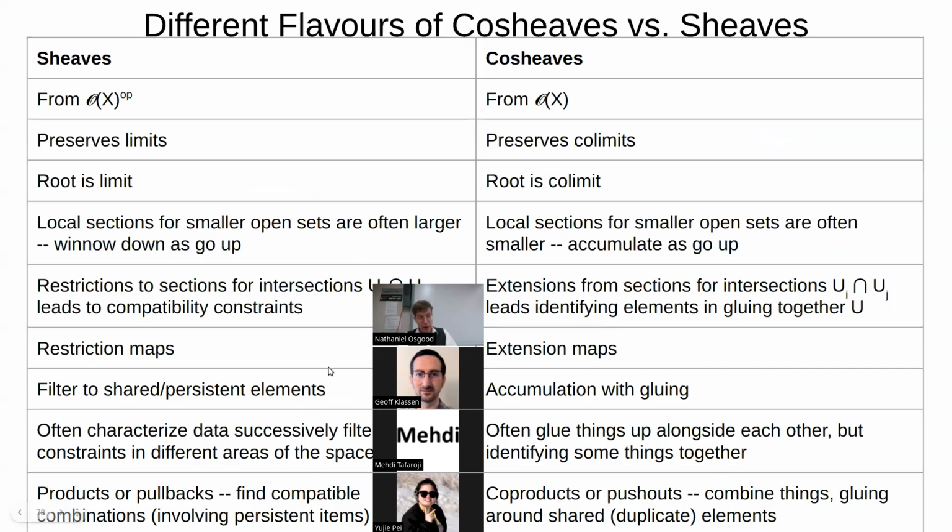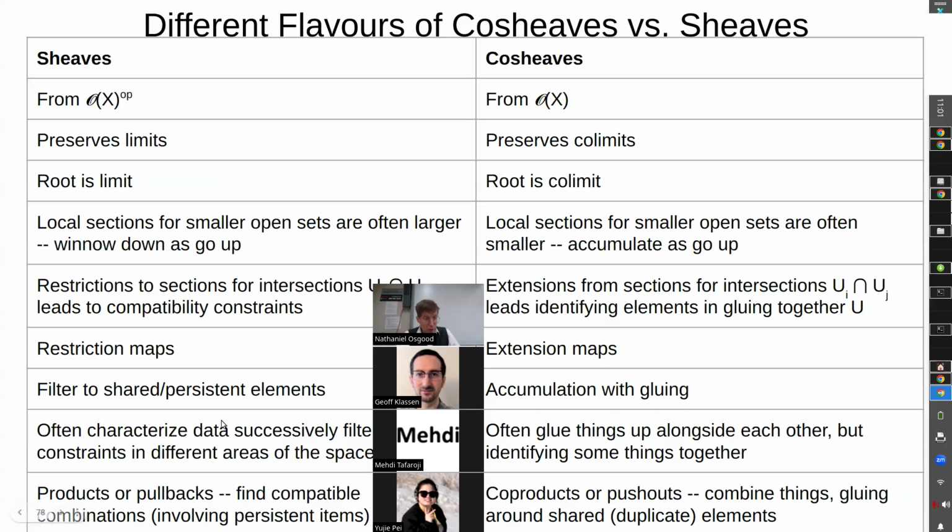So here we have restriction maps, here we have extension maps or co-restriction maps. We can think of this on the left, for some of our cases, not all, as filtering to find the persistent ones, the ones that are in place for each and every interval or each and every subregion. We're finding here, it's like we're finding things in any interval, any subinterval that's there. We're accumulating just with gluing to not double count. Okay.